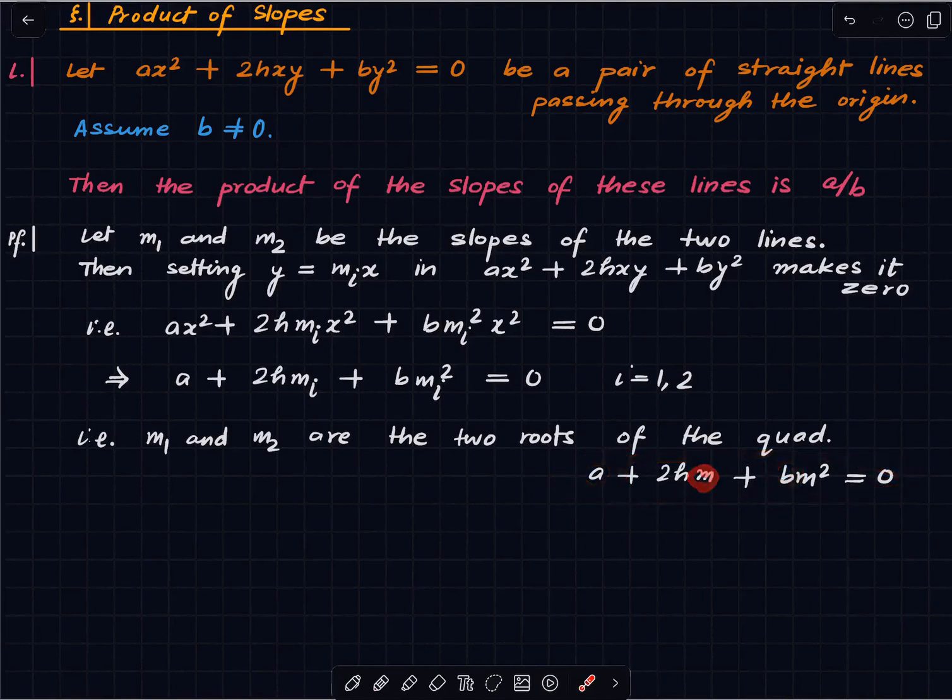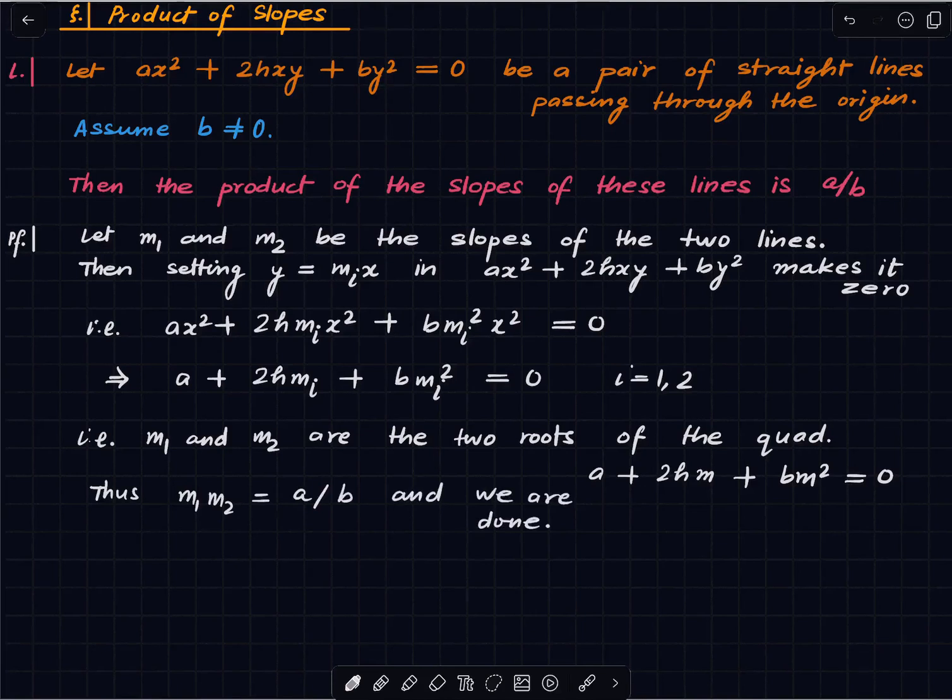We are not using the variable x, we are using the variable m. So a by b is the product of the 2 roots. And what are the 2 roots? The 2 roots are precisely the slopes of the lines, right? m1 and m2 are the slopes of the lines, so that finishes the proof. So the product is a by b, and we are done.